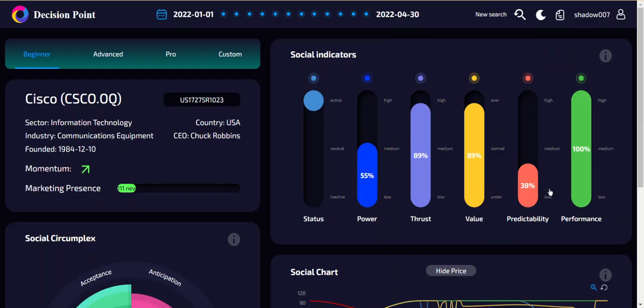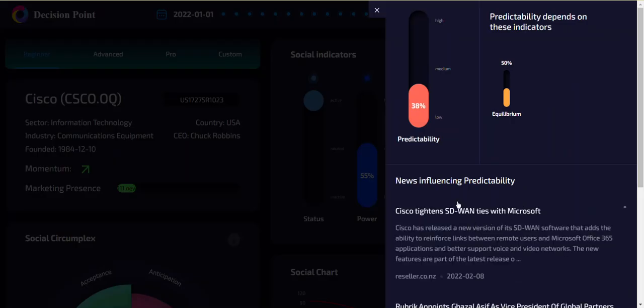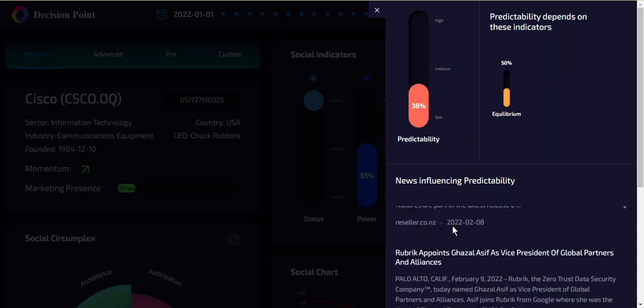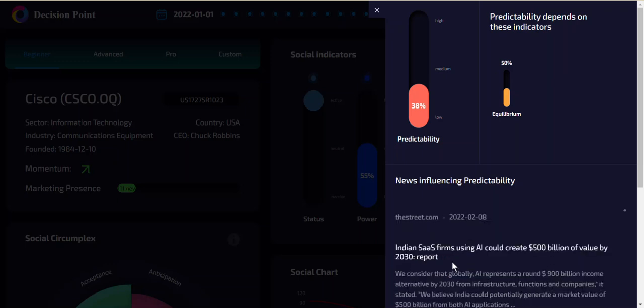Now you have the ability to click on any one of these things. Predictability, for instance: where does that rating of 38 come from? News influencing predictability. You begin to read down and see what Cisco, let's pick something here. Let's go down to bandwidth. Interesting here: Indian software-as-a-service firms using AI could create 500 billion of value by 2030.